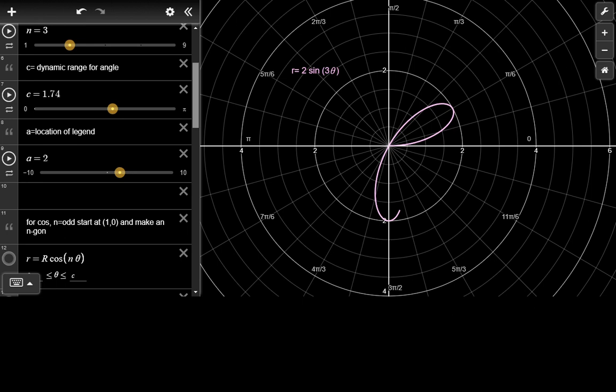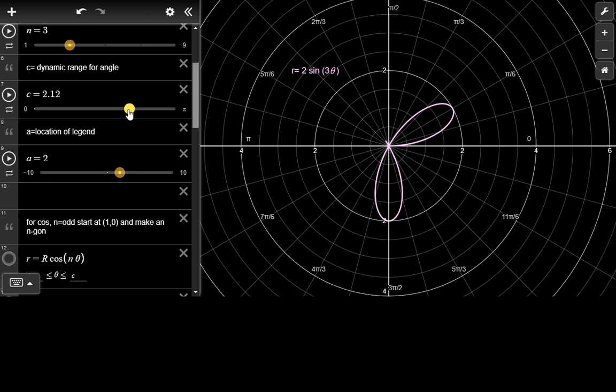When I take that theta and triple it, I get 2 pi, and sine of 2 pi is again 0. So as my angle approaches 2 pi over 3, my r, while being negative, is going to come towards 0. That's how it comes to 0. And then we continue. What do you think is going to go next?